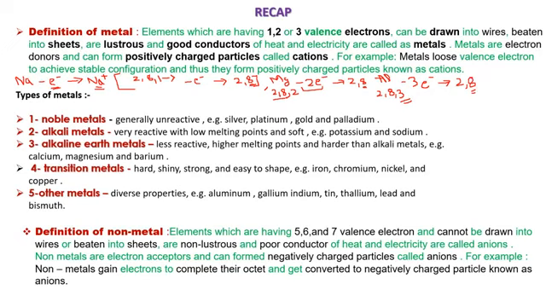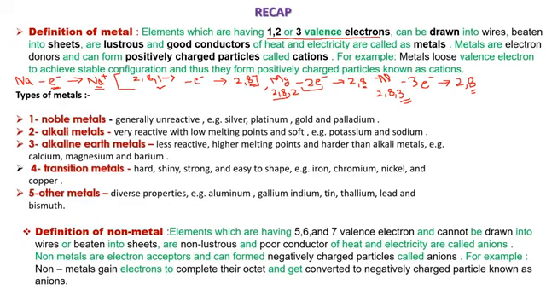So this is called octet state. If you see over here, sodium has lost one electron, magnesium has lost two electrons, and aluminium has lost 3 electrons. So the elements which are having 1, 2 and 3 valence electrons, and they lose these valence electrons to form cations. These types of elements are metals, right?